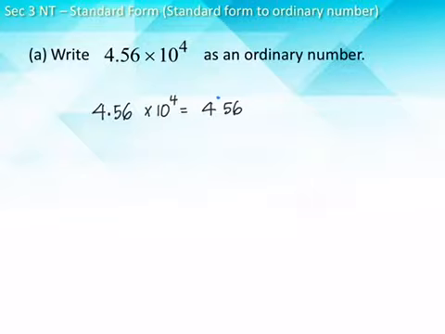That means the decimal place will increase to the right-hand side 1 time, 2, 3, and 4, which means I have 4, 5, 6, 0, 0. Therefore, the answer will be 45600.